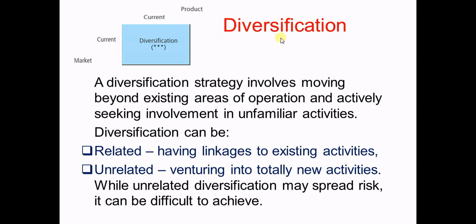For example, instead of buying maize to brew beer, it starts farming maize, and then supplies itself. That's related diversification. And unrelated diversification may mean that it starts doing something completely new, like going into the insurance industry. So those are the four strategies that were suggested by Ansoff.